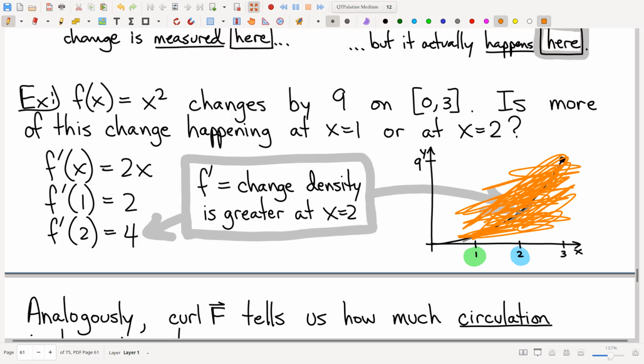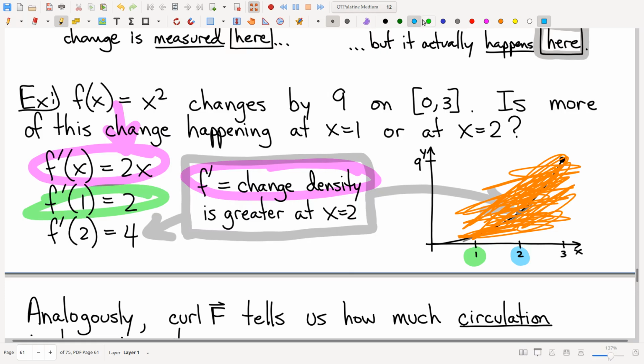If you want to know where more change is happening, we will look for the change density. The change density is going to tell us whether there's more change happening here or more change happening here. That change density is the derivative. The derivative is easy to compute. I can then plug in 1 and 2, entirely without the picture, no geometric intuition.